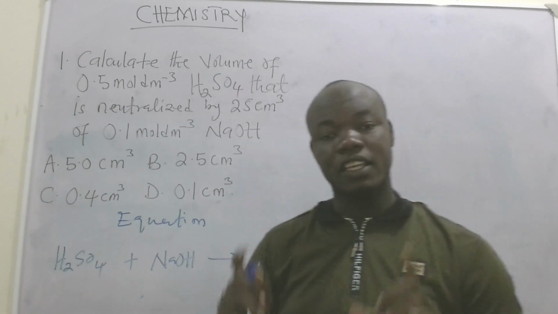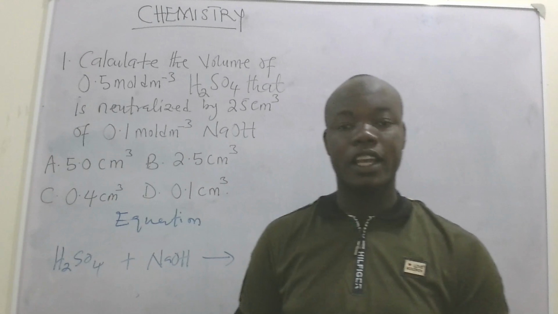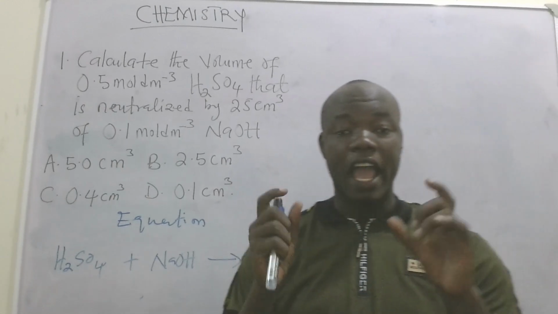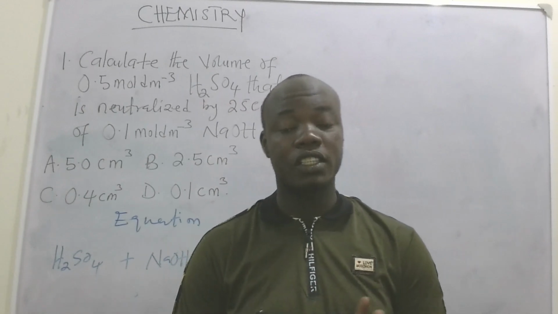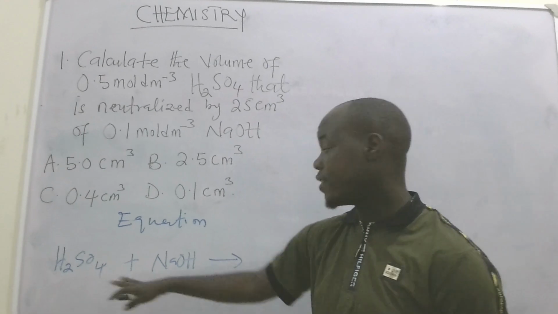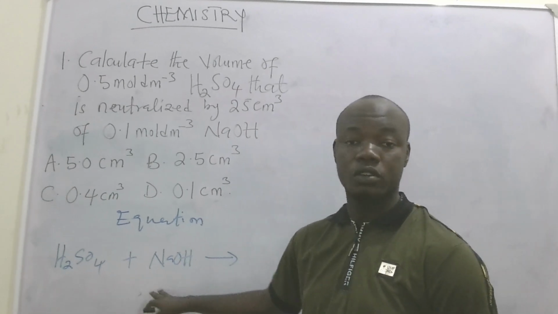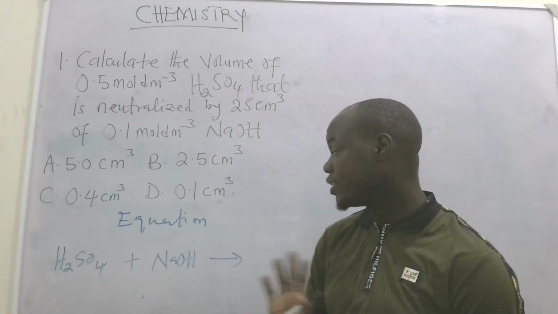We know that generally in chemistry we have what is called a neutralization reaction, which is a reaction between an acid and a base to give salt and water. So this is an acid and this is a base. After the reaction reaches completion, we have our salt and water.